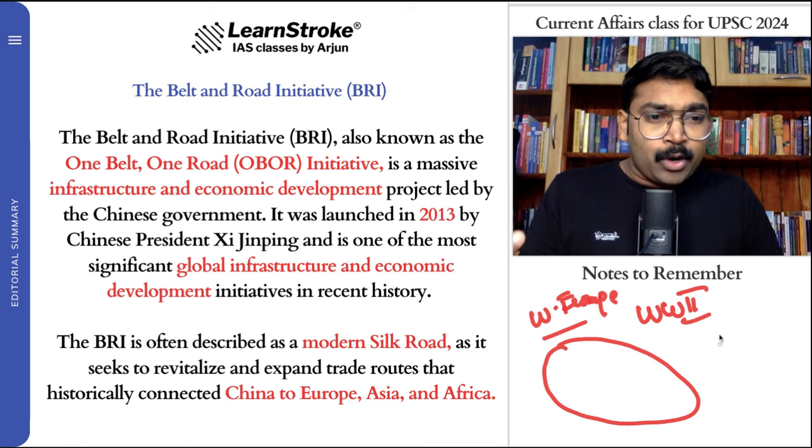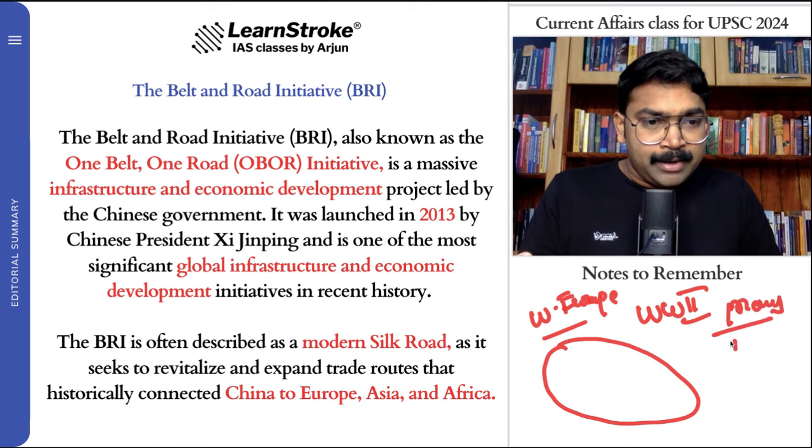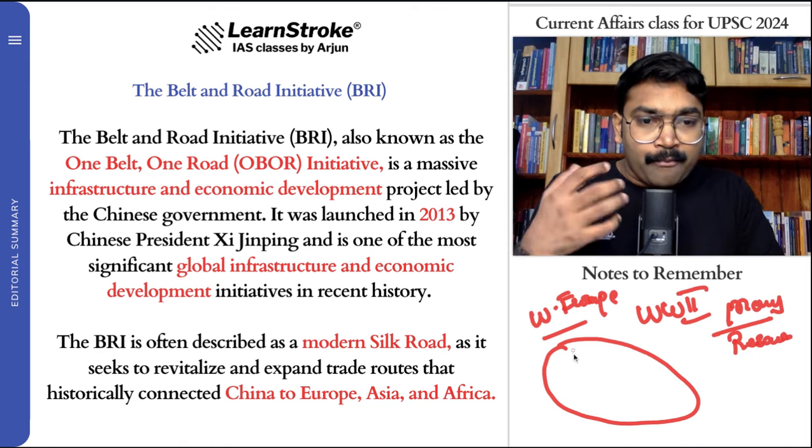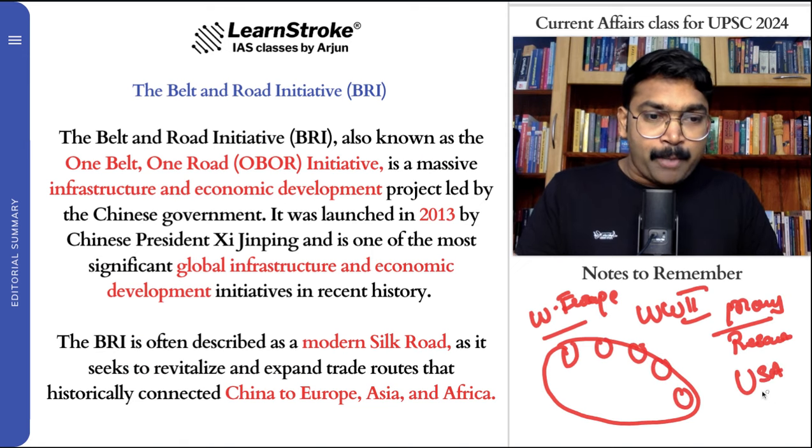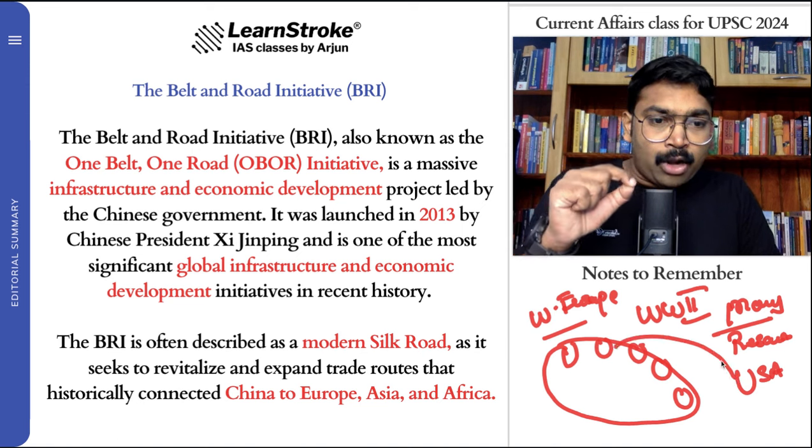The war drained out a lot of money. They did not have money, they did not have resources, they did not have anything. So without all this, how can you rebuild all these places? That is the reason why the United States of America's Marshall Plan was very important, where they funded all this.